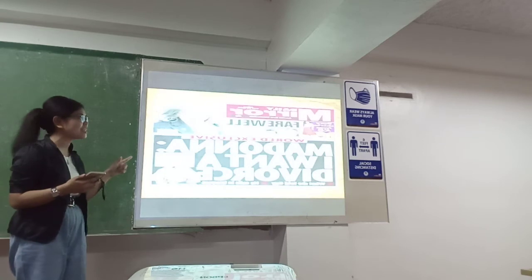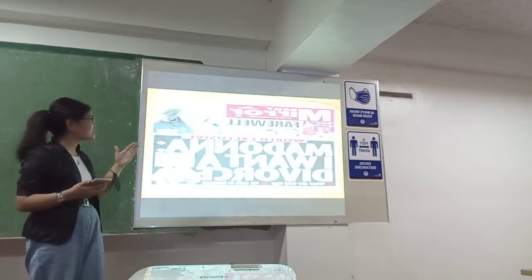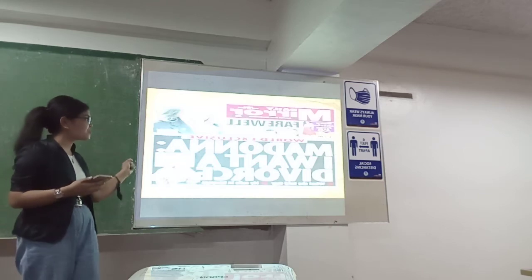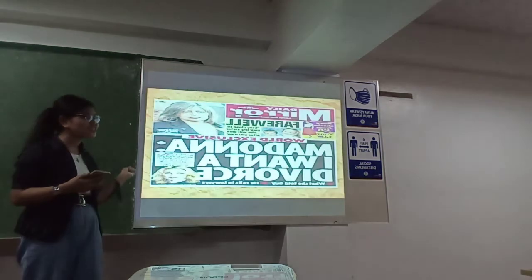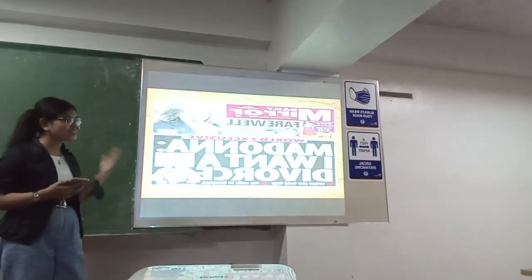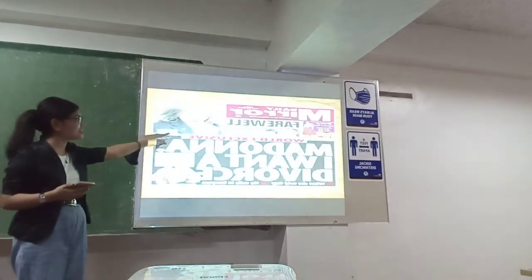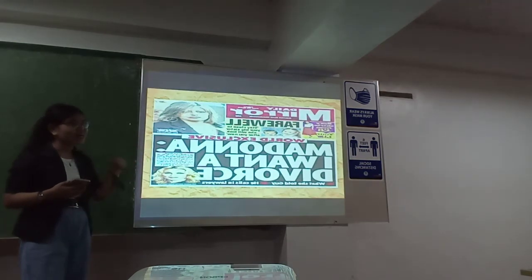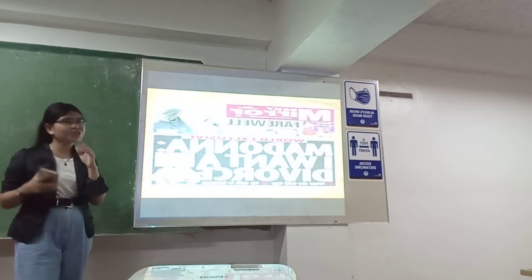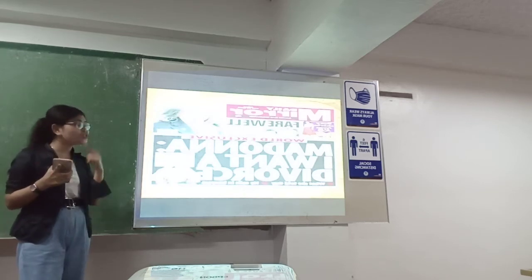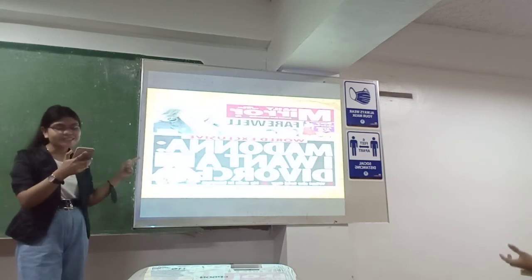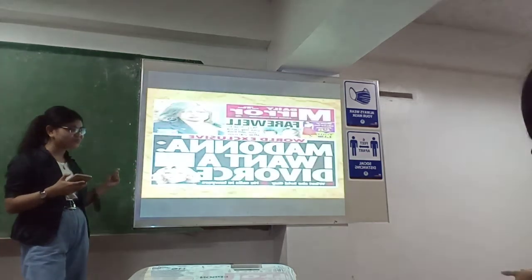We can also see here that there's a teaser of what we are going to read. For example, if we flip the page of the newspaper, we can see the content inside, the story behind the teaser. If you see a newspaper like this one, this is what we call tabloid magazine design.